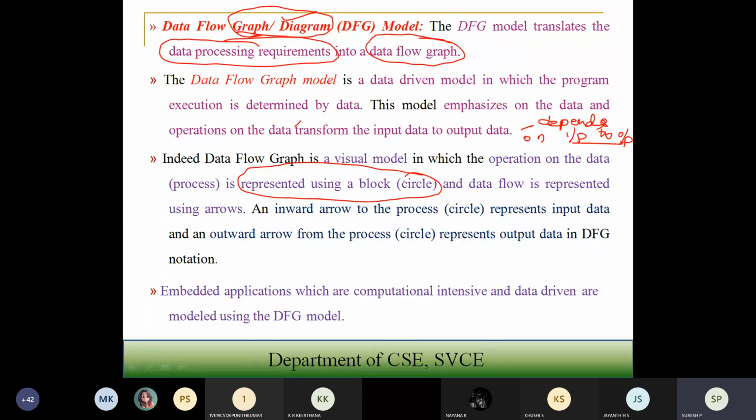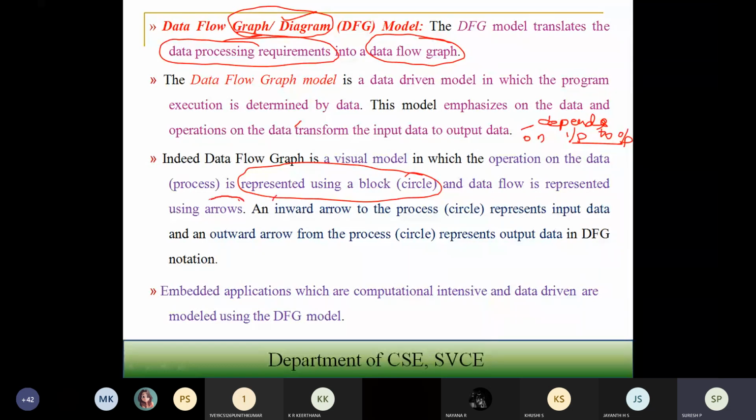Similarly here, the operation you do on the data is represented by a circle. Next I have to show how the data flows, from where to where the data goes, and that flow of data is represented using arrows.